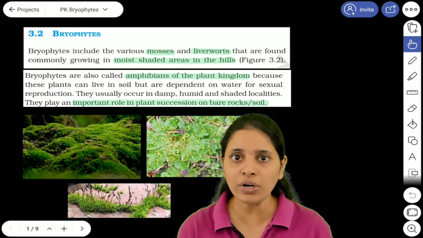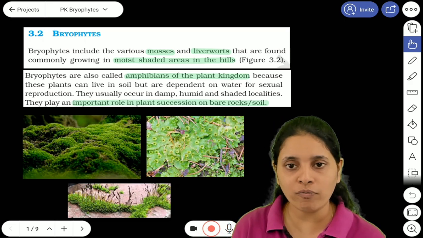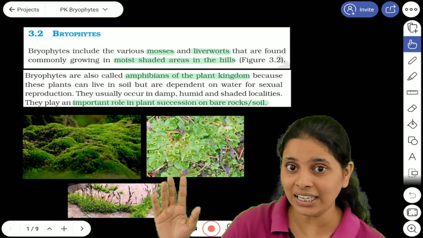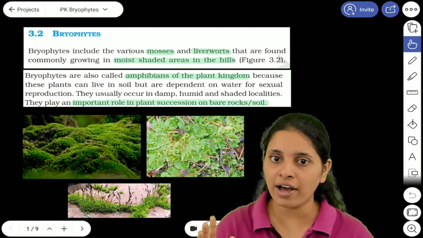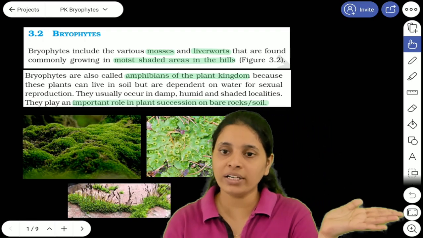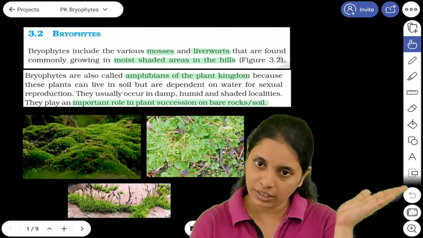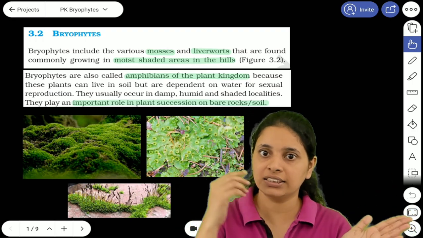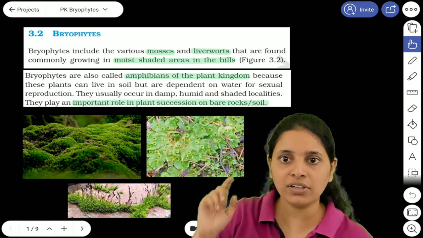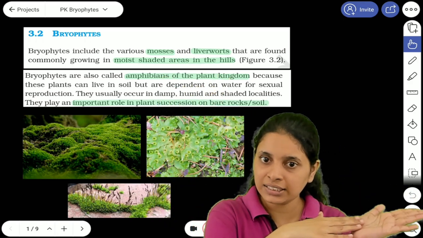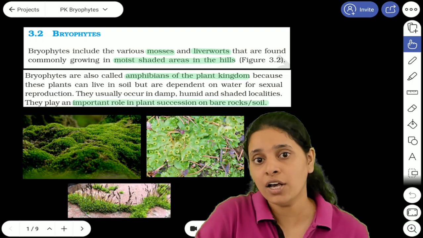As they don't have any conducting tissue, obviously you will not have big trees which grow vertically. Here you will have mat-like flattened growth. Whatever the surface is, the bryophytes, mainly mosses and liverworts, will grow parallel to it, just like a mat.